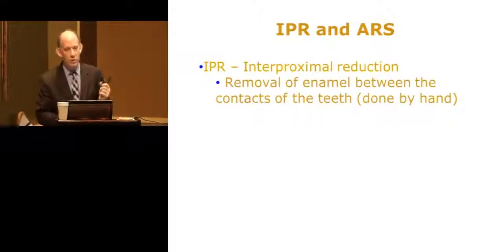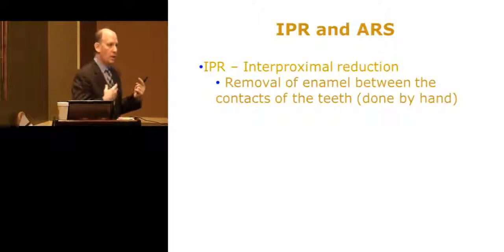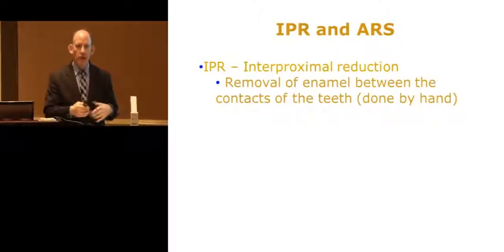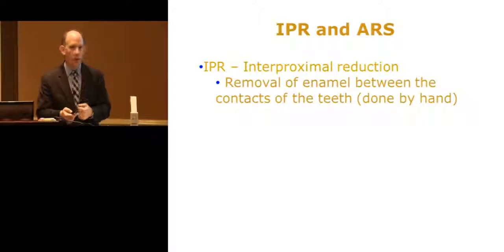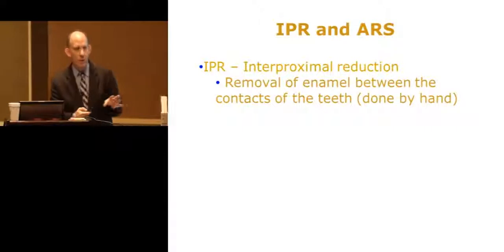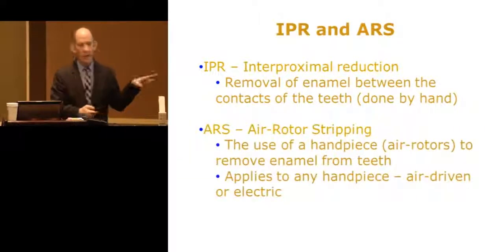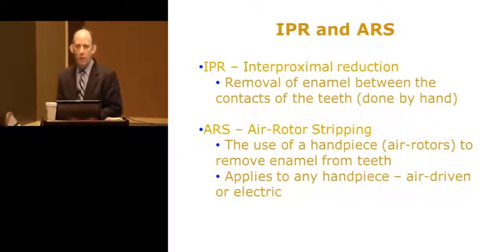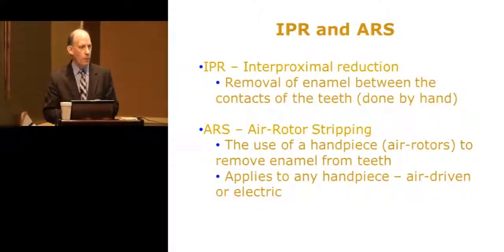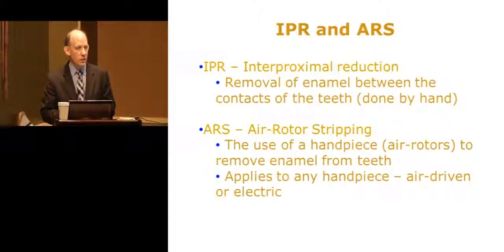And interproximal reduction, in my mind, means I'm going to do it by hand, okay? If I want to use a handpiece, then you're going to use an air-powered drill or an electric-powered drill, but typically it's air-powered. So you'll hear another term called ARS, which is air rotor stripping. Air rotor stripping suggests that you're going to create the space between the teeth using either a slow or a high-speed drill.